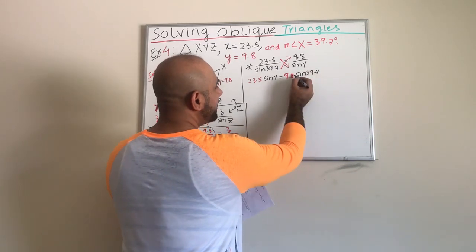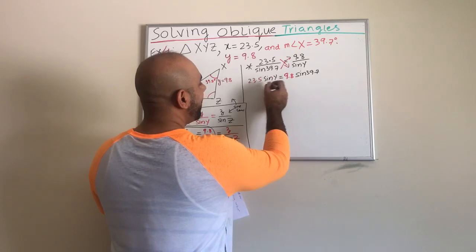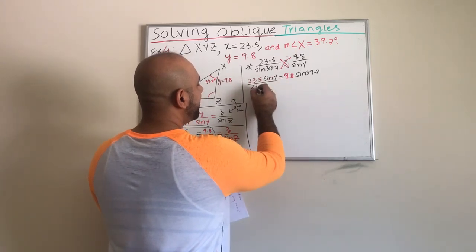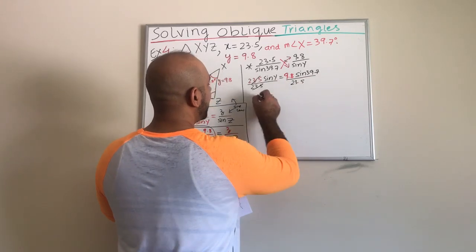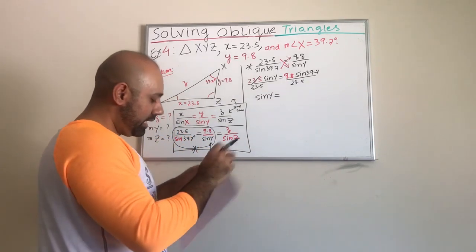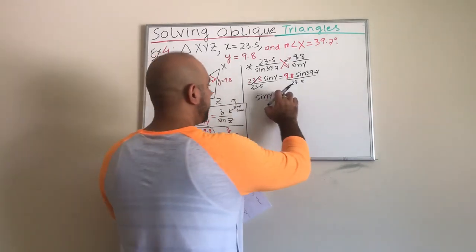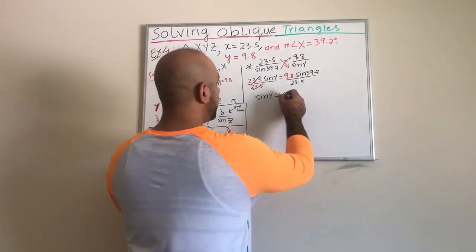I don't have to write a times here, it is understood that this is multiplied. Now in order to get sine y by itself, we divide by 23.5 on both sides, so this crosses out, and I get sine of y equals, and when we simplify this, what do I have? I went to 4 places of decimal.